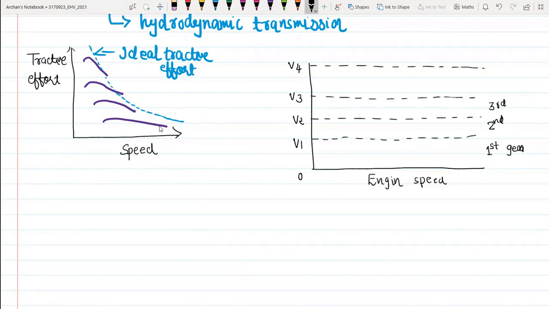Then from V2 to V3, third, and V3 to V4, fourth gear needs to be used like this. Right? So here you can see that from 0 to V1, I have these characteristics, right?